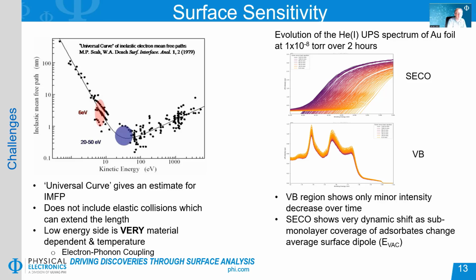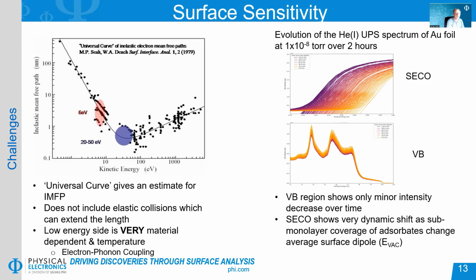And you can see that the valence band structure here isn't really changing. However, the binding energy that the secondary electron cutoff occurs at is changing, and it's going to larger and larger binding energies as carbon-based contamination in that chamber is starting to be deposited on the surface and change the surface dipole, thus changing the vacuum energy level.